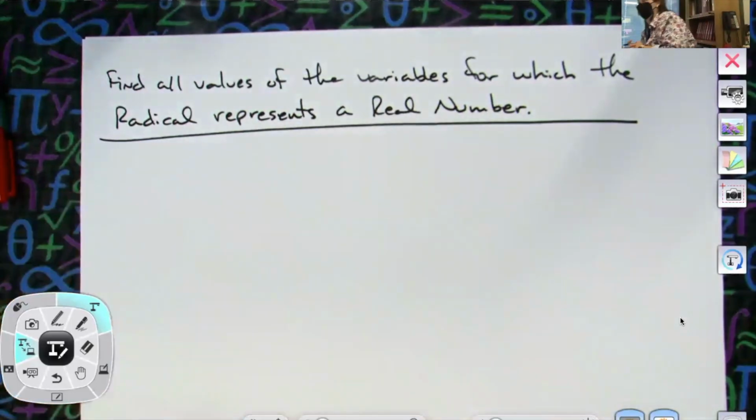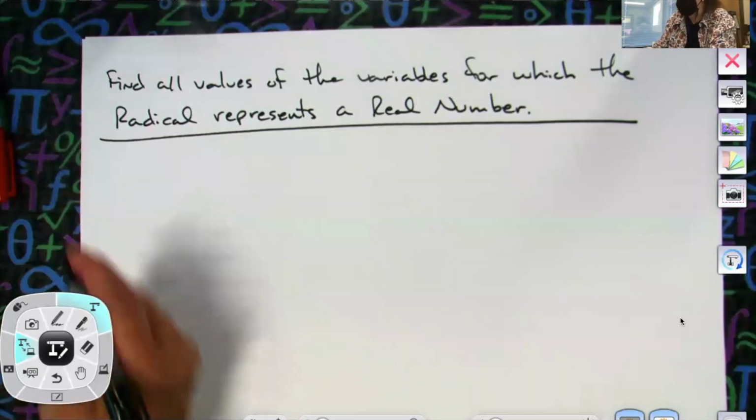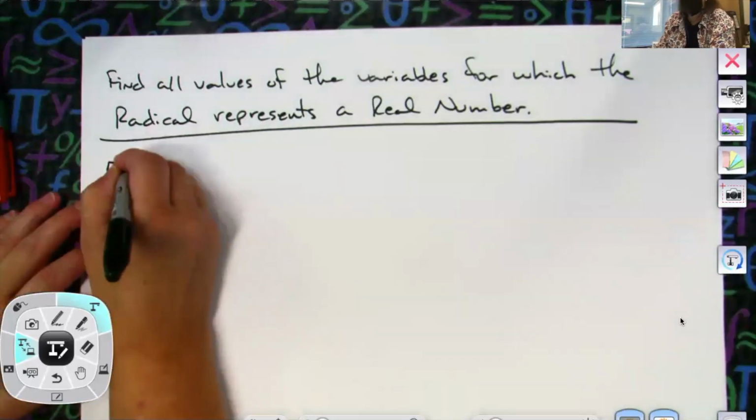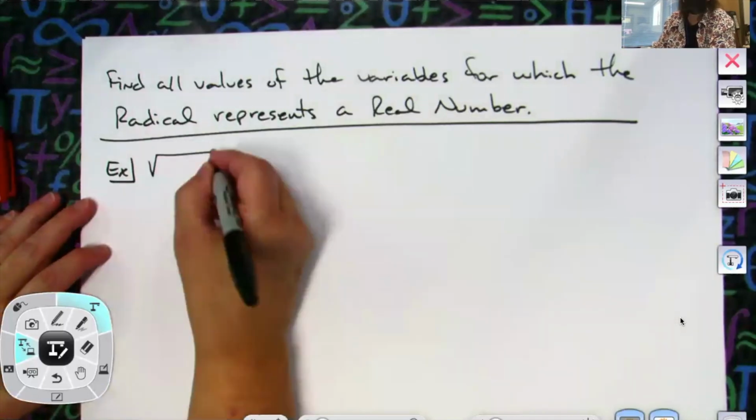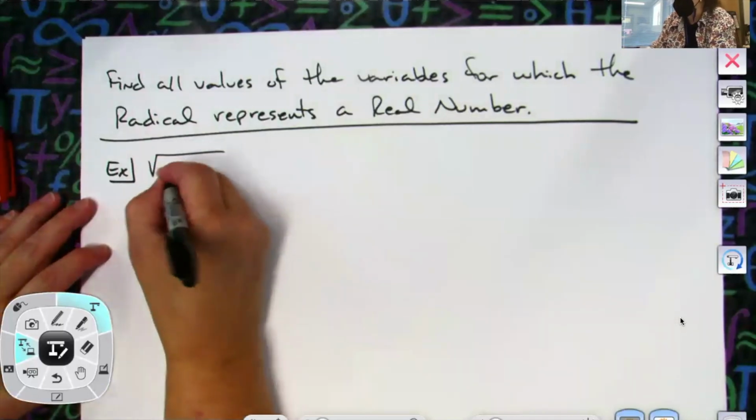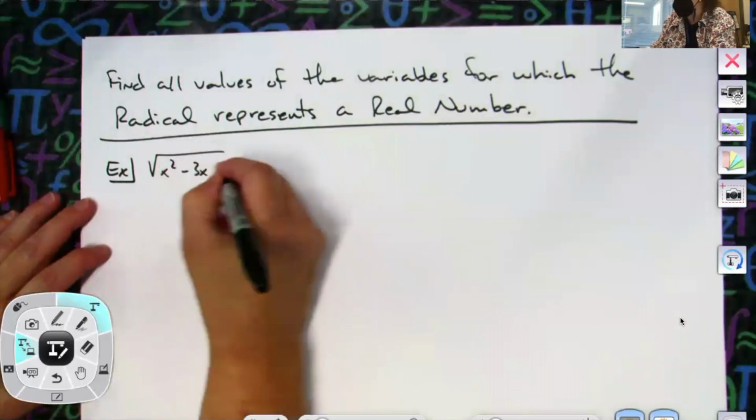Okay, so a very specific type of question here. It's a thinking thing, so I want to think this through. Now, if they give you something that you can work out algebraically, go ahead and do that. So let's say we have the square root of x squared minus 3x minus 10.